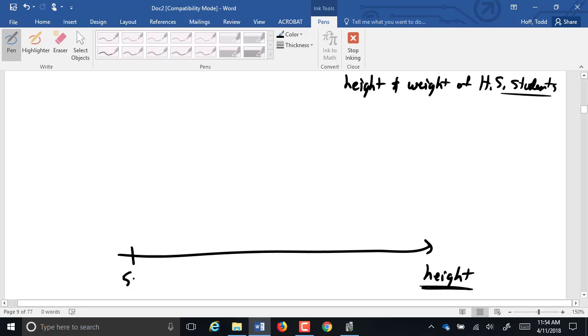So we might start at 50 inches instead of 0 inches. And we number up by some sort of scale. Now in this case, we're going up to 74, so 6'2" is the tallest person we're going to have in this sample.